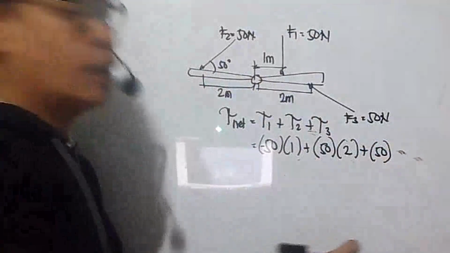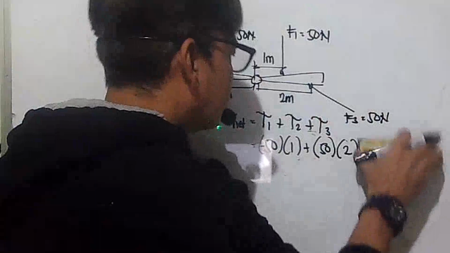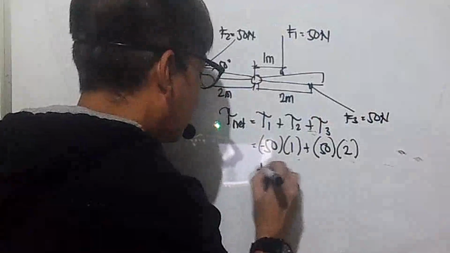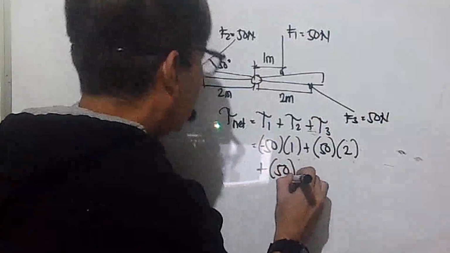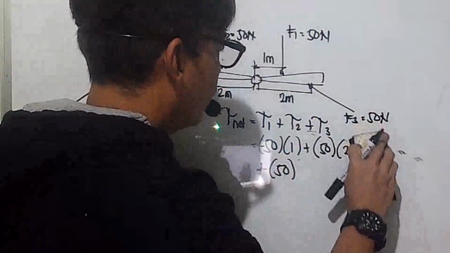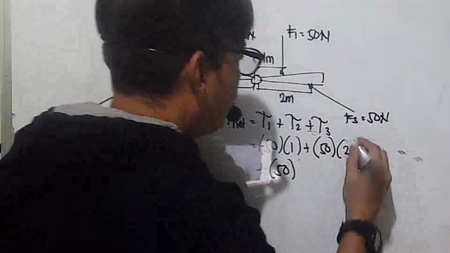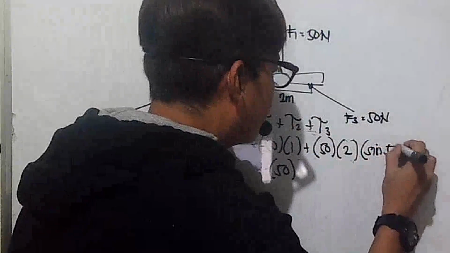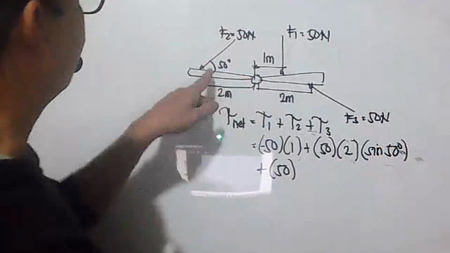Can you still see it? Let's bring it down. Plus 50, wait, I forgot here, multiplied by 2. Sorry, I forgot the angle, sine of 50 degrees.